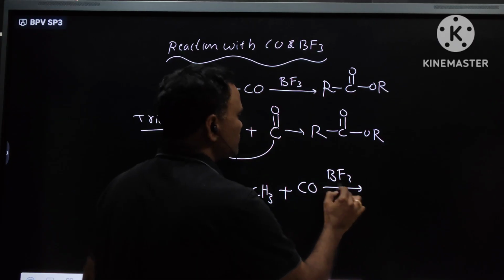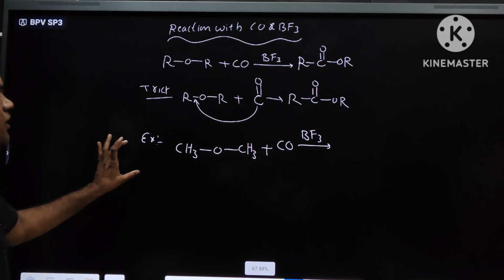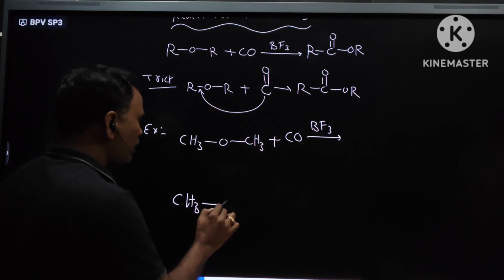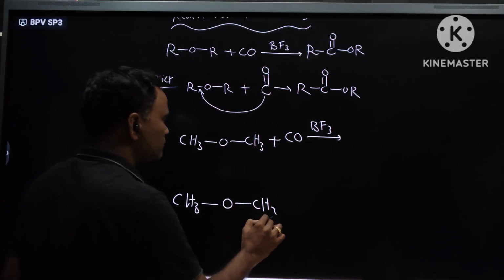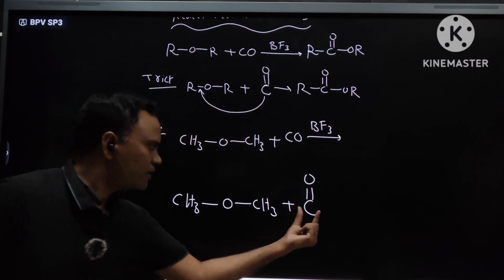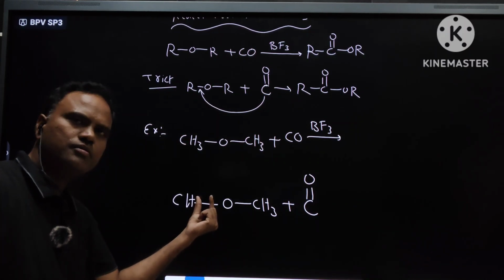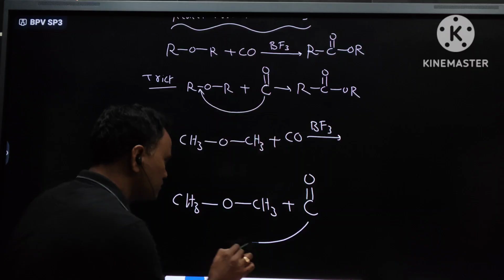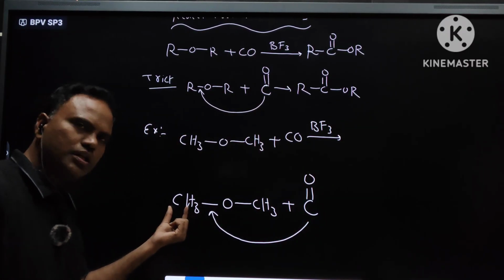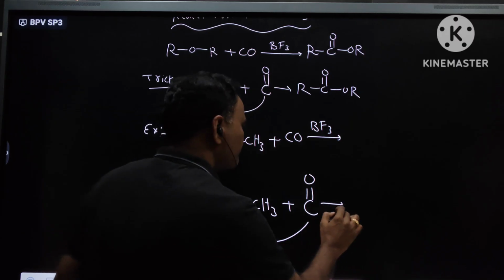How to write the product? See the trick. This carbonyl group will be inserted between R and O. Write this CO as C double bond O. Insert. Carbonyl group will be inserted between alkyl group and oxygen.